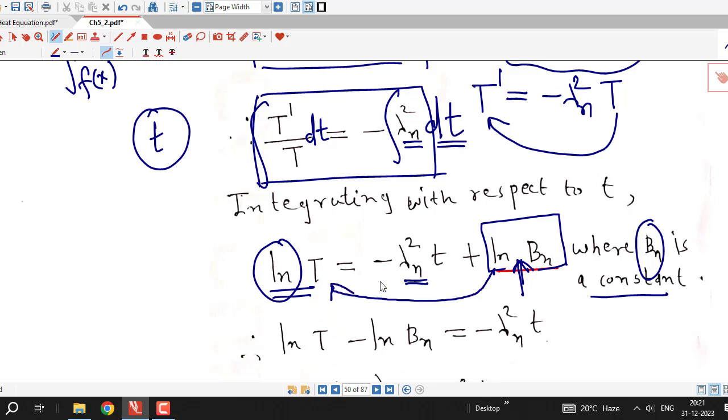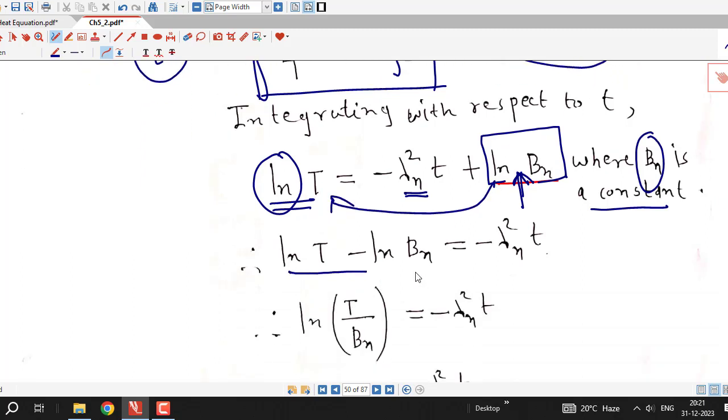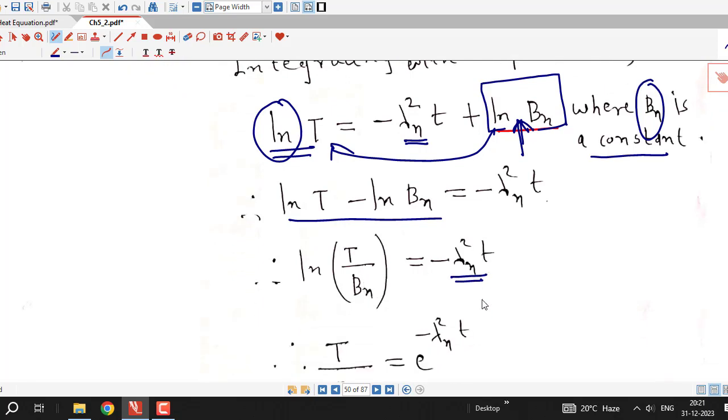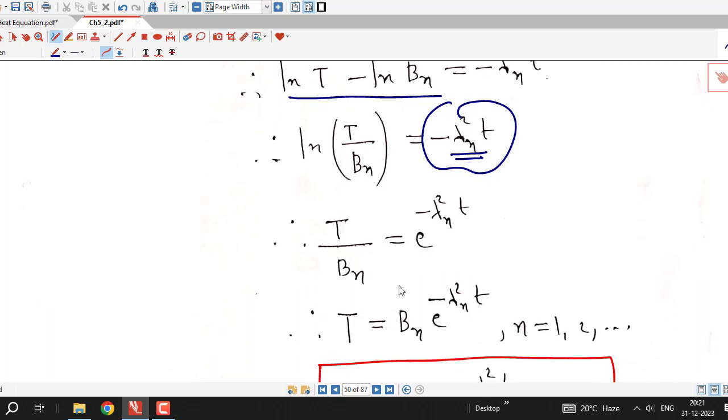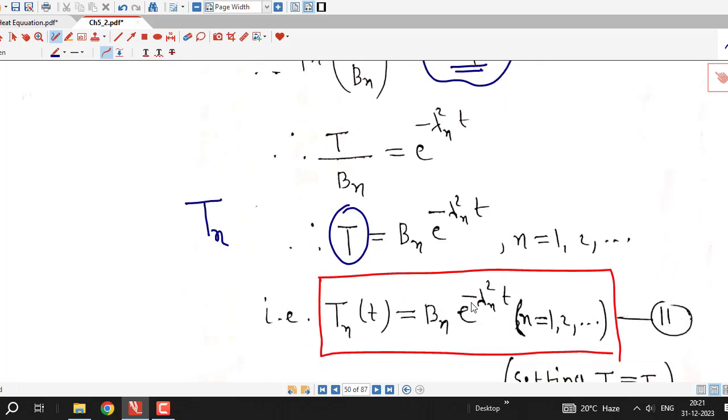Then using the property of logarithm, we can write this as logarithm of T over bn, that is equal to minus lambda n square t, and hence T over bn is the exponential of this quantity, and hence T equal to bn times e raised to minus lambda n square t. And instead of using the notation T, we can write T suffix n equal to this.